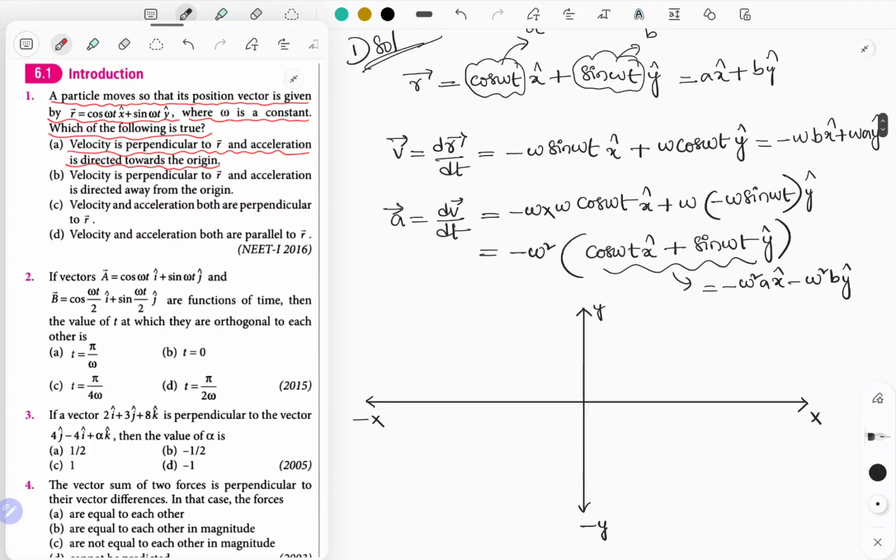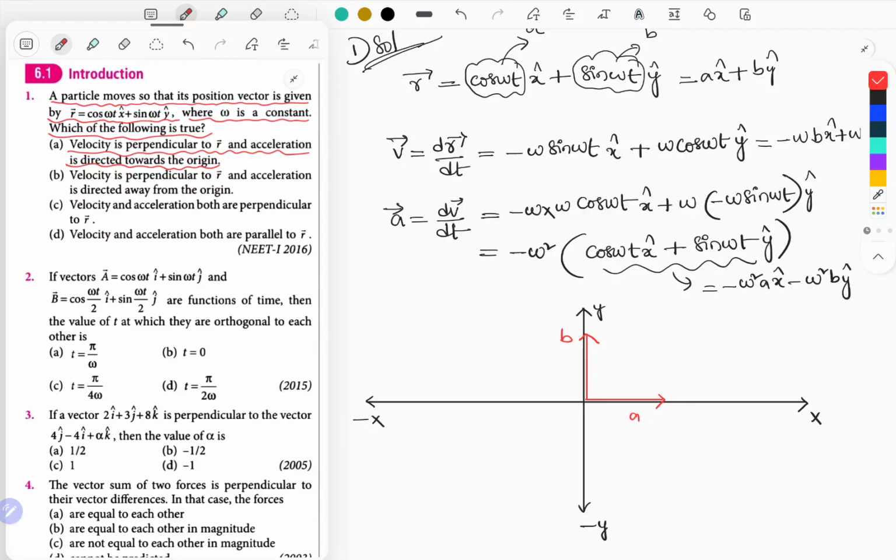Same thing I'm going to represent in the form of a vector. Let's observe this carefully. First one, position vector, a x cap, b y cap. Both are positive, right? So this is how I can represent it. This is a and this is b.